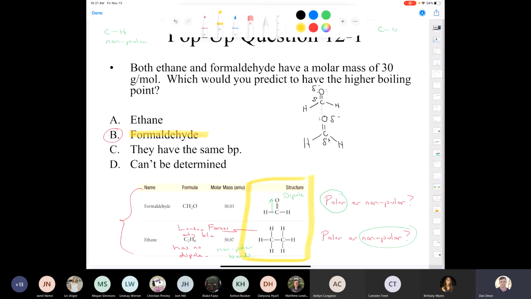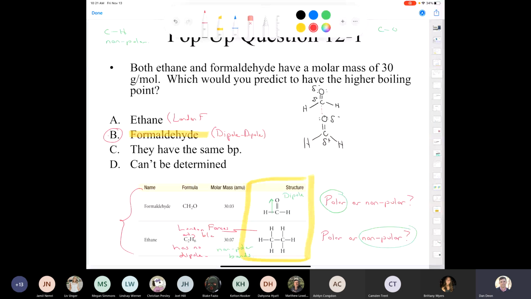So this was just a matter of dipole versus no dipole. The molecule that has a dipole is going to be polar. It's going to have dipole-dipole forces, right? We can even write it down here again. So it's going to experience dipole-dipole forces. And ethane is only going to experience London forces.